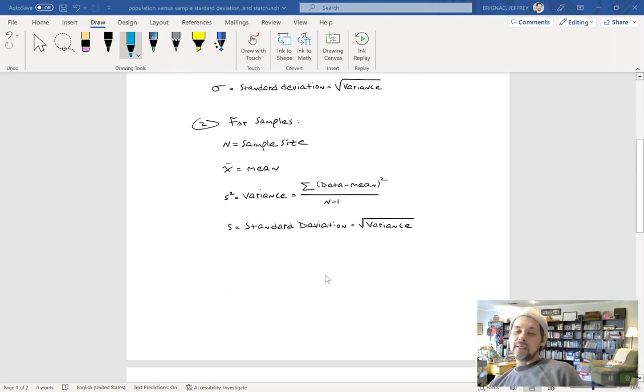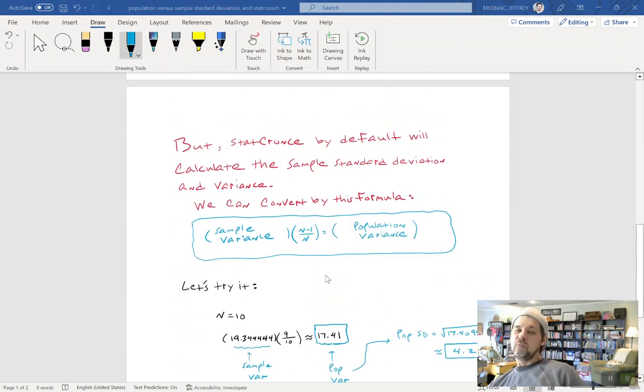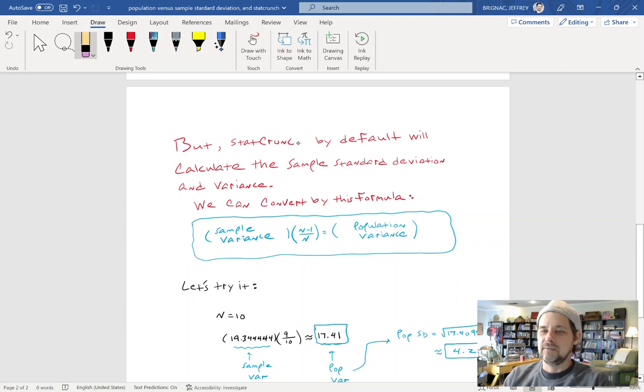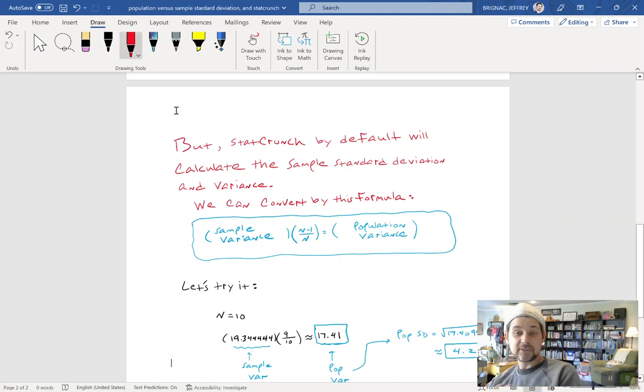All right, now say we want to use StatCrunch though. StatCrunch, by default, will calculate the sample standard deviation and variance. That's what it does.